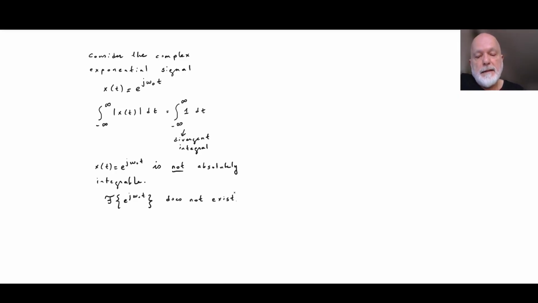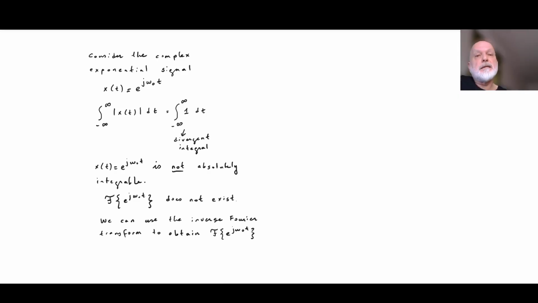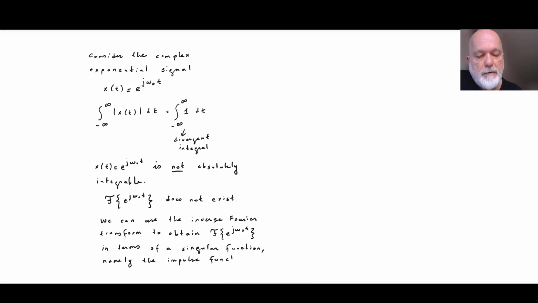We can use the inverse Fourier transform to obtain a Fourier transform of e to j omega 0 t in a generalized sense, in terms of a singular function, namely the impulse function or Dirac delta function, as follows.